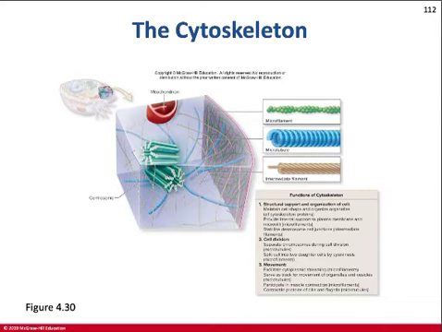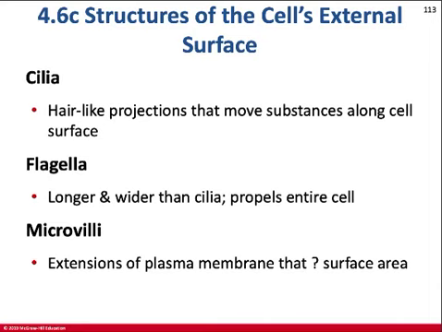Okay? And of course, they are manufactured by the centrioles. So you can think of the microtubules as fishing line, and you could think of the centrioles as the rod and reel. Okay? And the target that's being moved would be the fish. Okay? So there are the different cytoskeletal components.